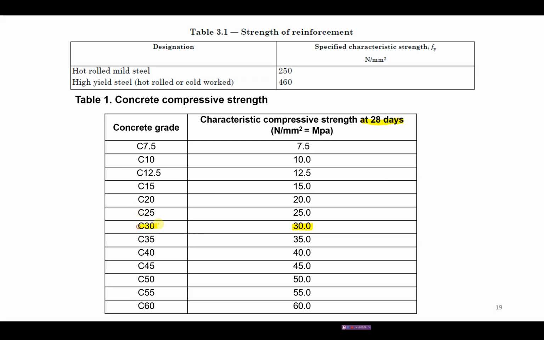So C30, inilah concrete grade dia. So depends kalau 7.5 meaning the strength is 7.5 Newton over mm square.